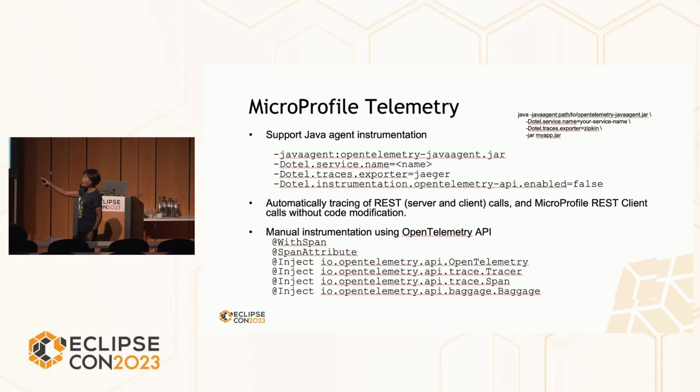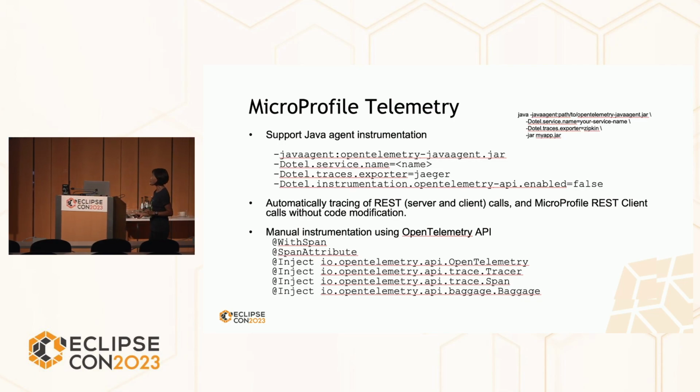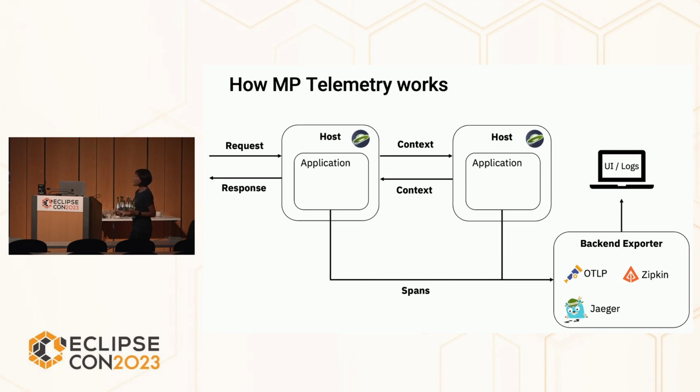Remember, with @WithSpan, a span will be created for that method, and you can also add a span attribute to add some particular additional attribute, or you can inject a Tracer, Span, and OpenTelemetry. With the tracer, you remember, you can create a span, or you can directly get a span, and you can also deal with baggage. So this is how it works.